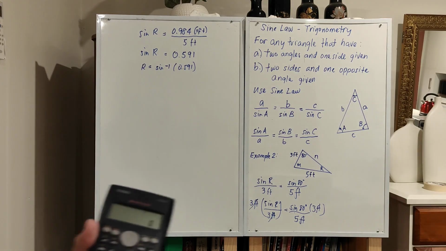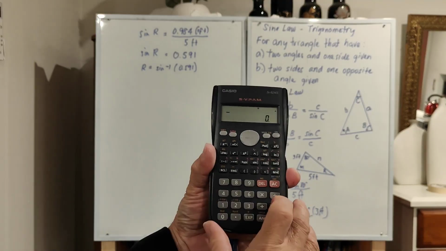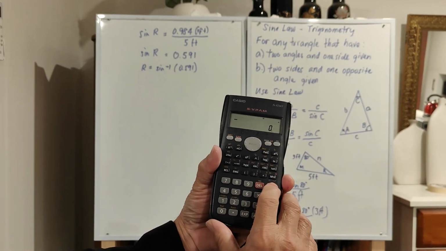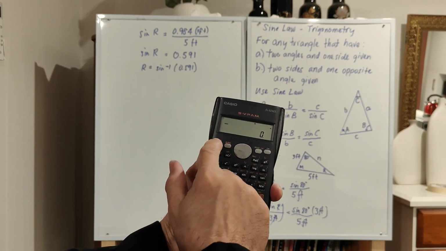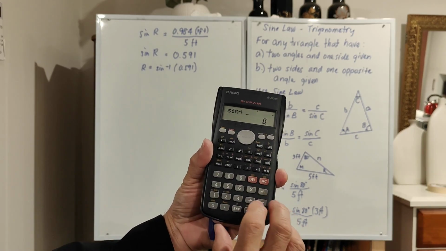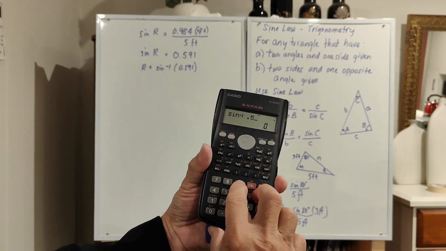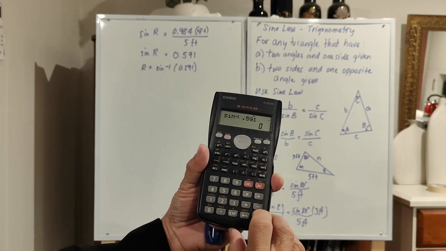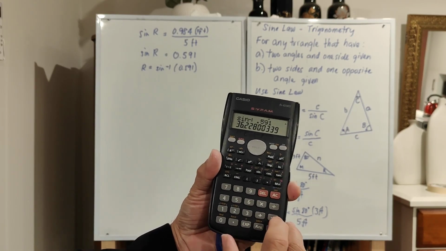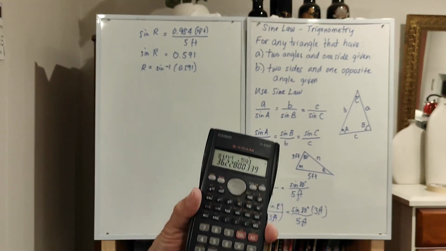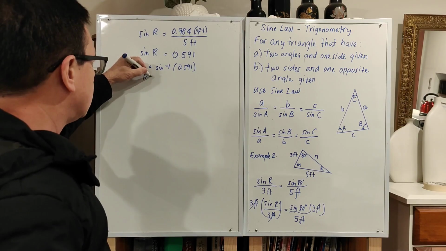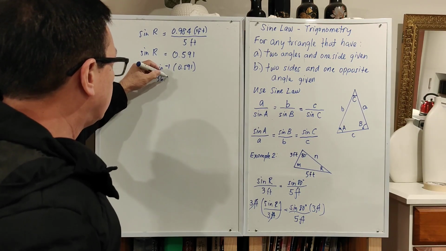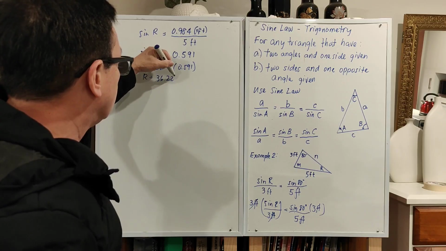In the calculator, we write it as shift sine 0.591 is equal to 36.22 something. So R is 36.22 degrees.